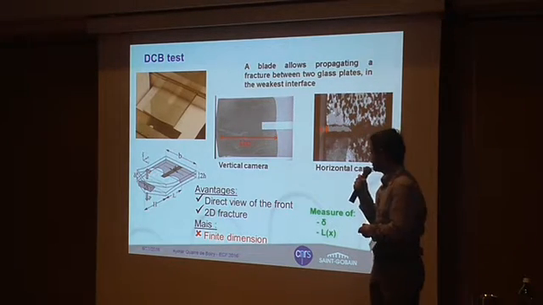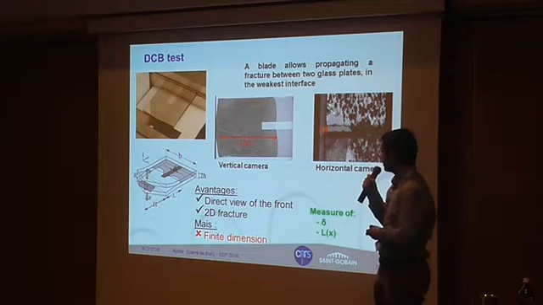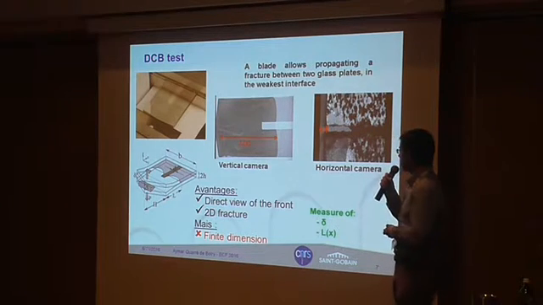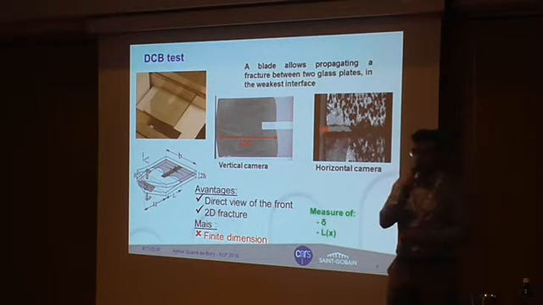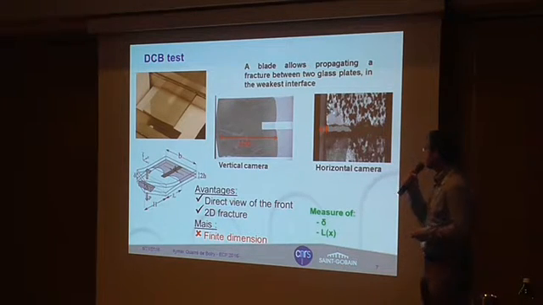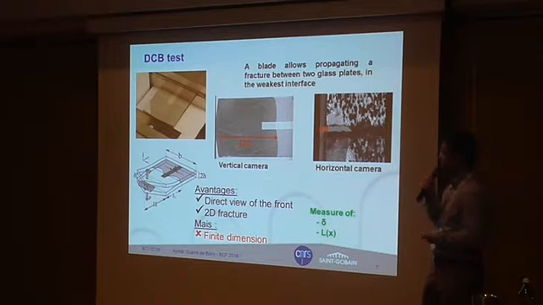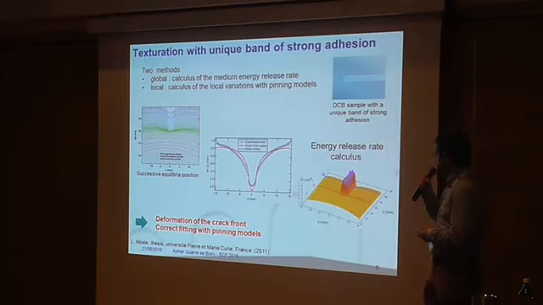The advantages are that we have a direct view of the front, and a 2D fracture between the two glasses, but we have finite dimensions. It's very common for experiments. But as we wanted to compare with pinning models, it can be not very convenient.